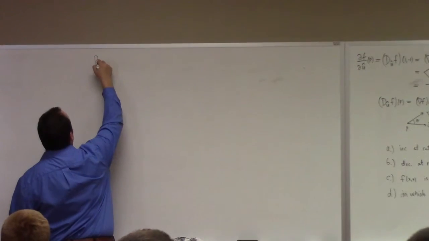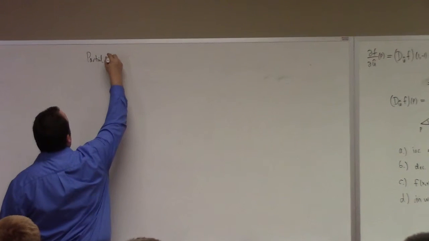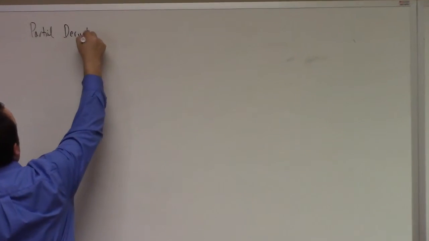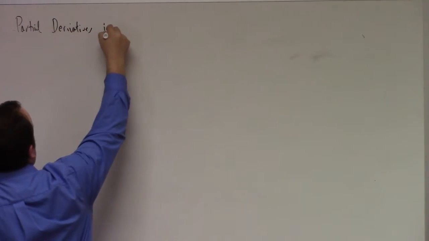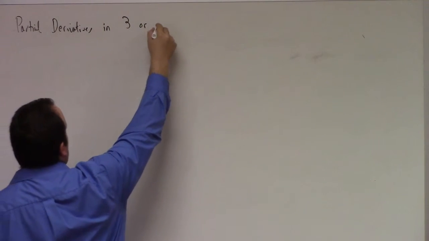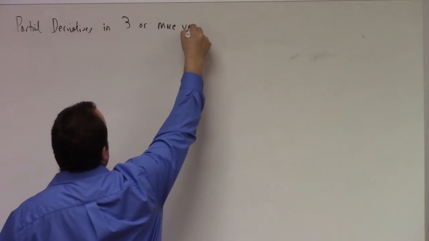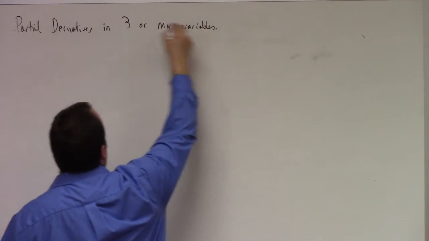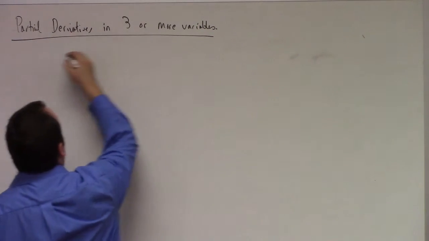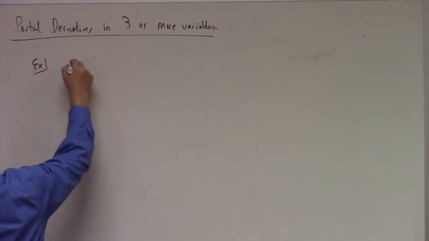So, partial derivatives in 3 or more variables. How's that go? Here we go.